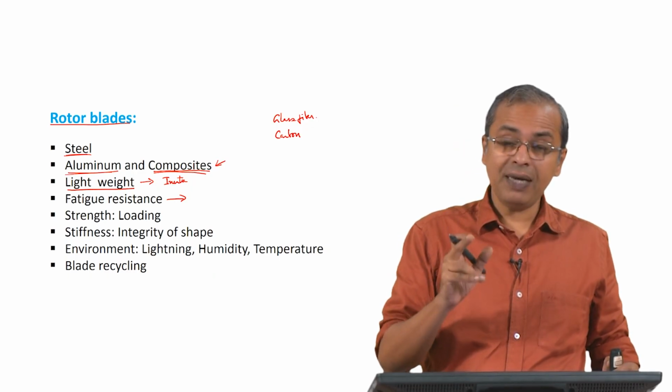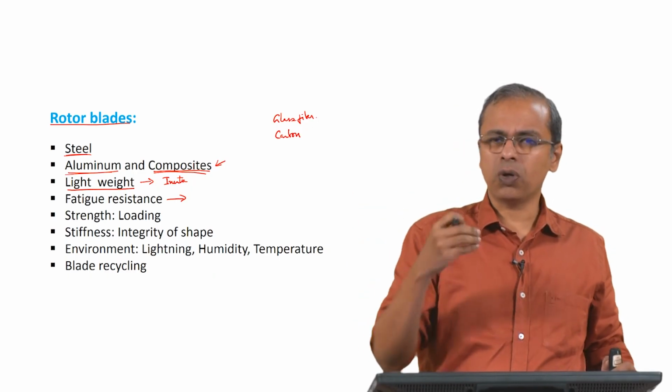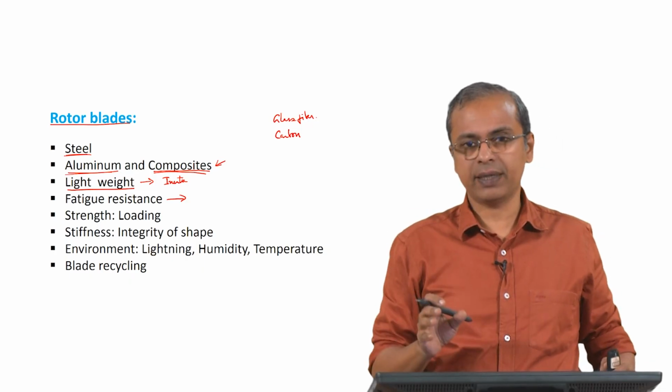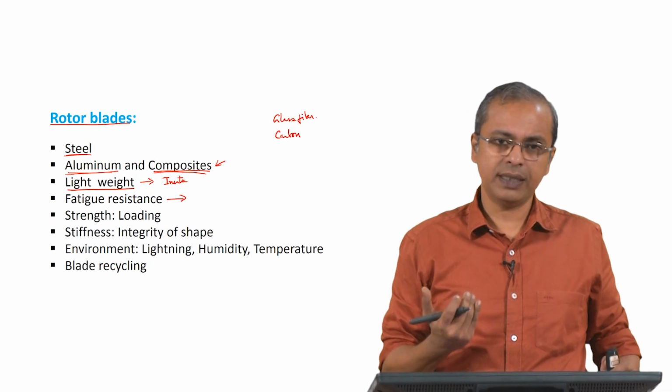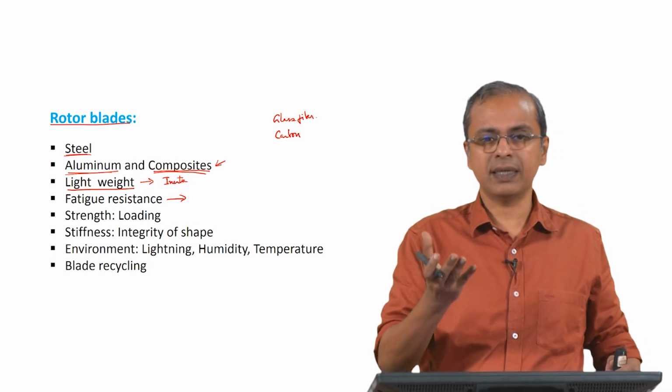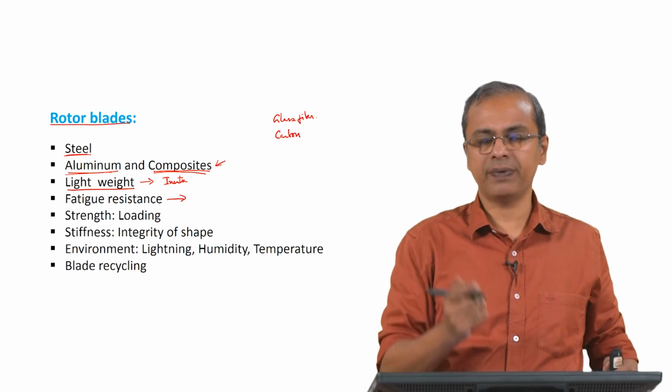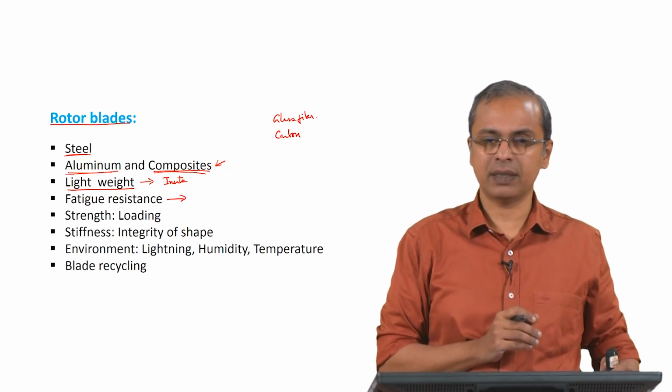But almost all components in regular use have some cyclic loading, right. Cyclic loading means you load the component a little bit, then you release it. If you are in a vehicle, it goes over bumps and roughness in the road.